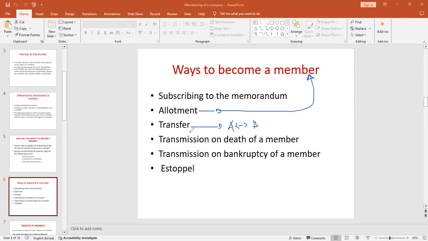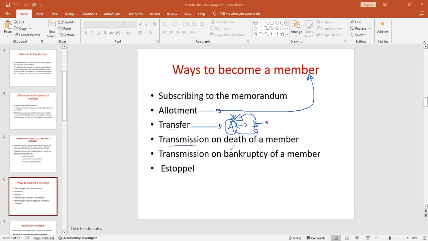It's entirely your choice. In case of transfer, the shares are no longer under that person's name, they're under your name. So your name is put in the register of members instead of this person, and then you become a member.